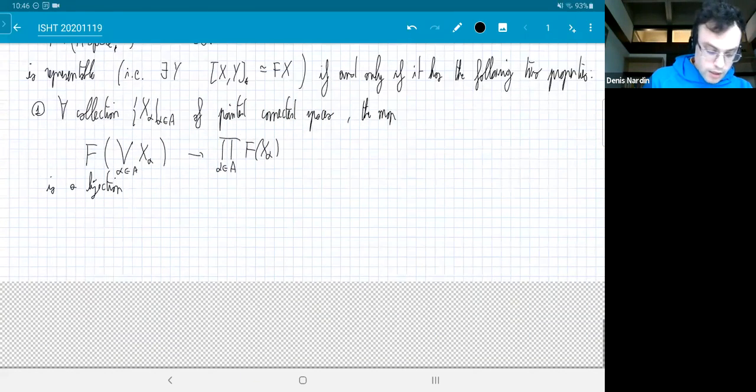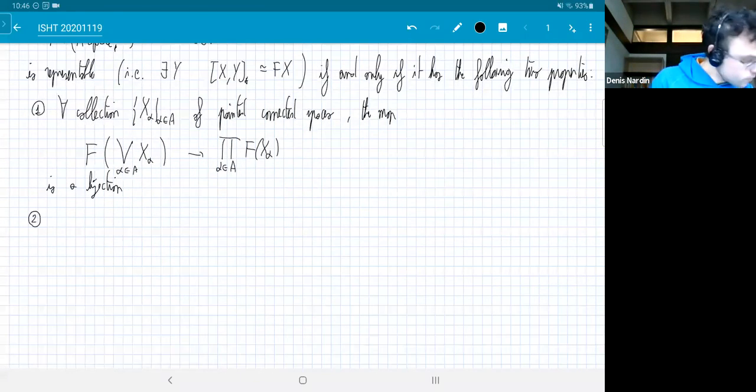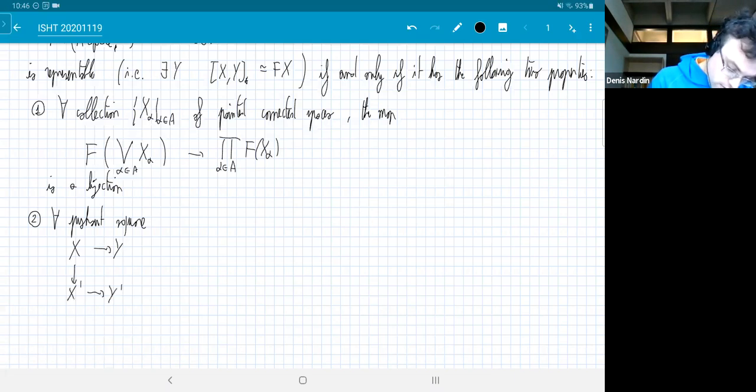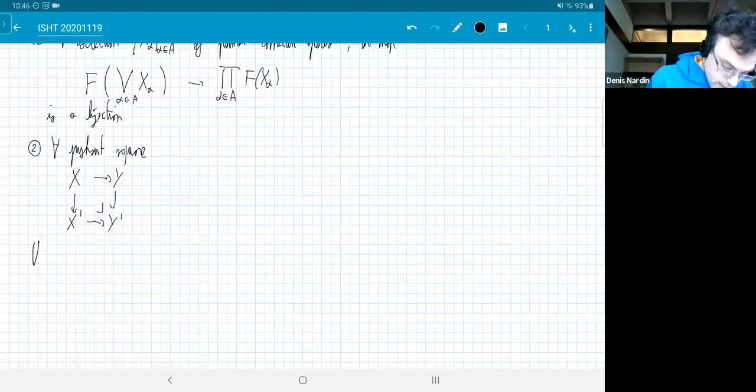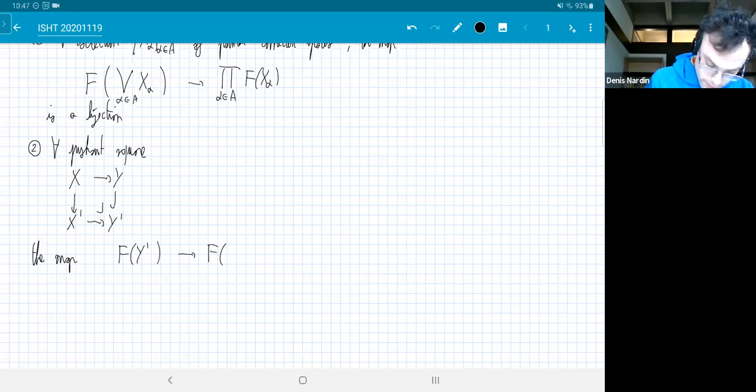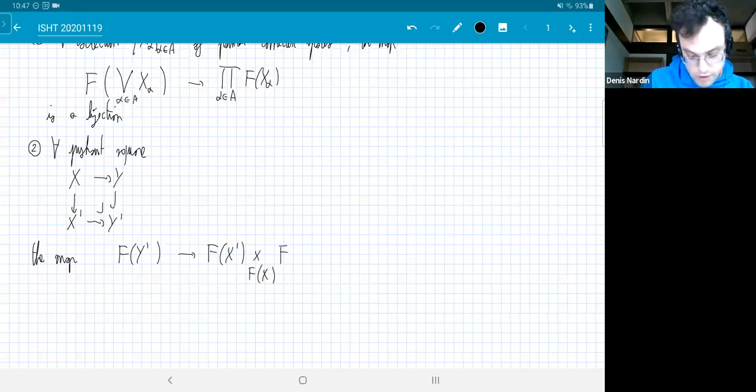And two, for any push out square, and again, I mean a homotopy push out, the map F of Y prime into the pullback. We might want to ask that it's an isomorphism, but that's actually too much.